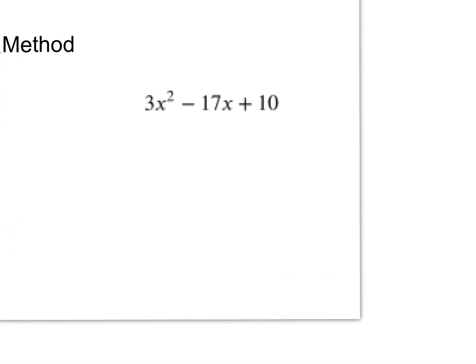First thing we do, we've got 3 pieces with a lead coefficient in front, so I cannot use PS2. I'm forced to use the slide. To start, we're going to multiply the front term by the back term.